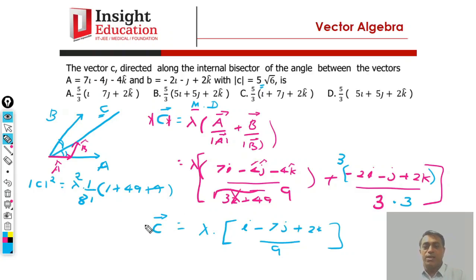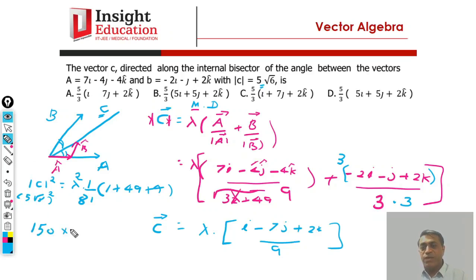Square both sides: mode of C square is 5 root 6 whole square, 25 into 6, that is 150.